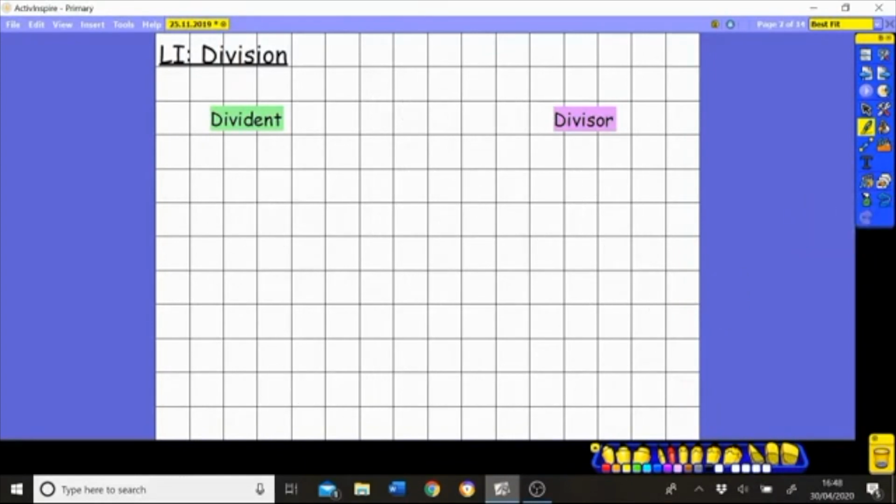If we do this with a different number, this time let's say 6 divided by 2. Our dividend is 6. It's our whole number, our total number, and we're dividing it by 2. So that means we need 2 groups, and we're dividing 6 equally across each group.